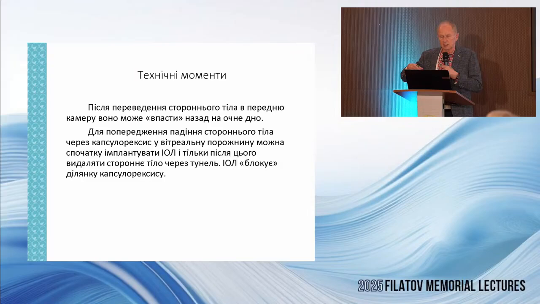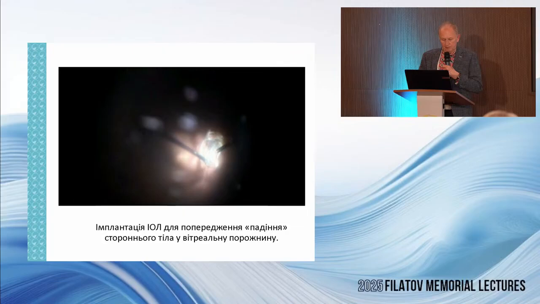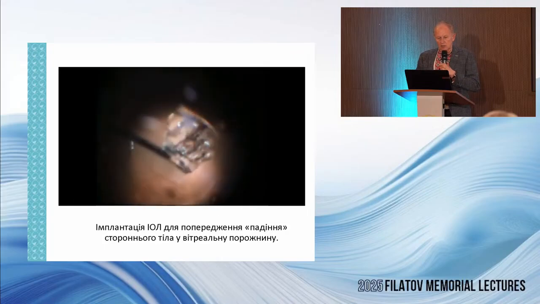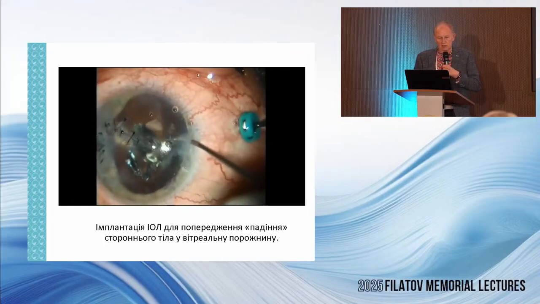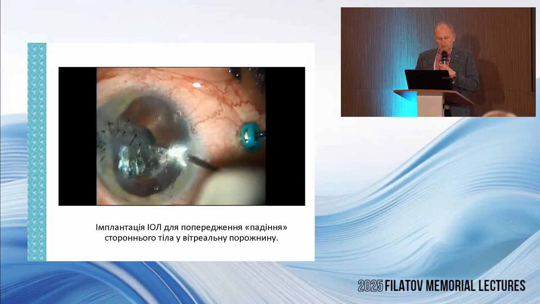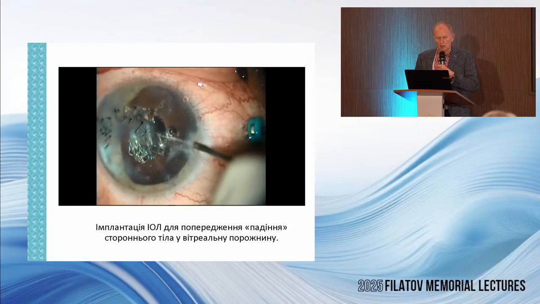However, the foreign body can fall to the eye bottom through the posterior capsulorhexis. What can be done here? Before the foreign body is removed, an artificial lens can be placed that blocks the capsulorhexis area. Here, the foreign body is lifted, moved through the rupture of the posterior capsule and into the anterior chamber.